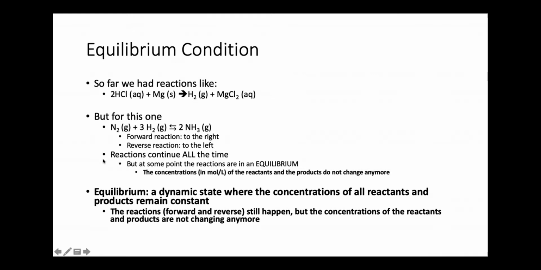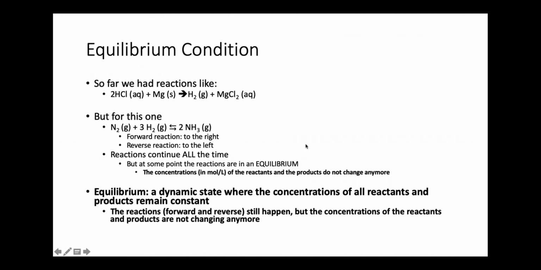And these reactions continue all the time, they don't stop. So NH3 is formed, but is also reacting again back to N2 and H2. All the time we have a forward reaction and a reverse reaction. But at some point, the reactions are in equilibrium, and that means the concentration of NH3 in moles per liter and the concentration of N2 and H2 in moles per liter are not changing anymore.